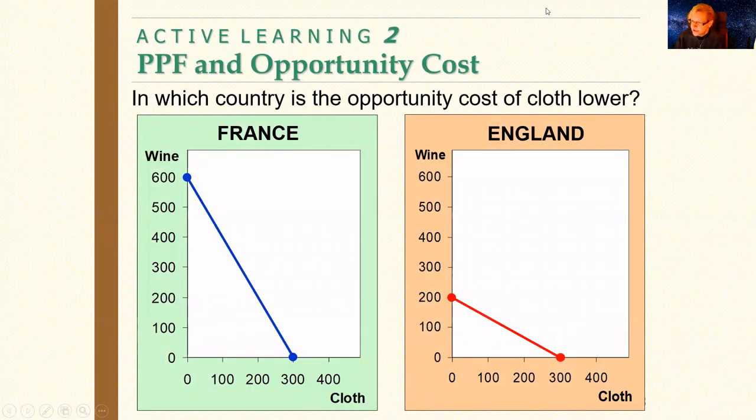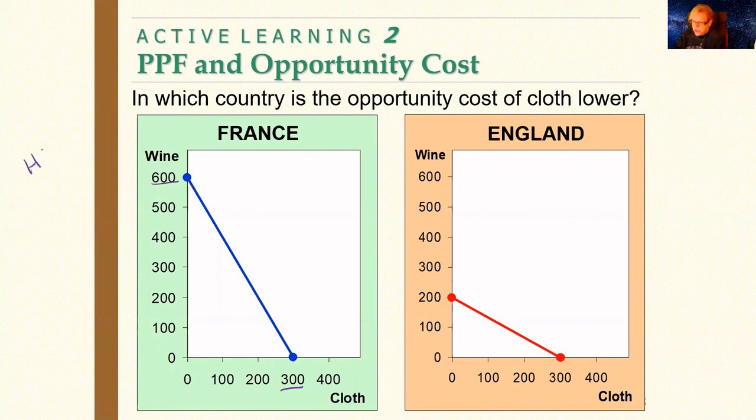Okay, here's another example. In which country is the opportunity cost of cloth lower? In this example, we look at 300 and 600, and ask what's the highest common multiple.